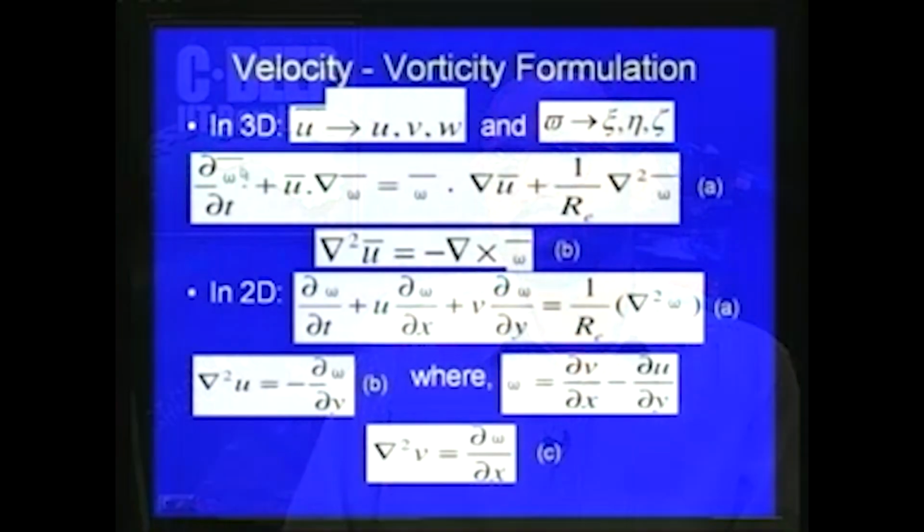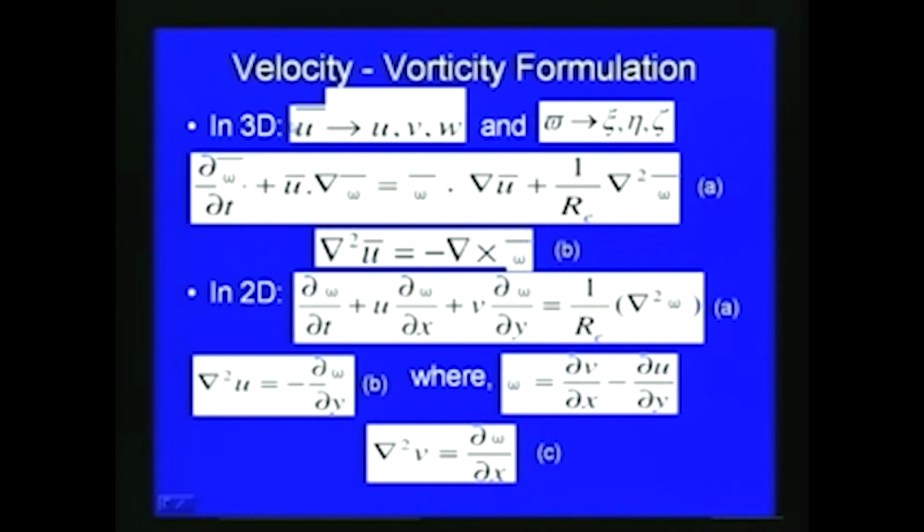If we consider the three dimensional formulation, the velocity vectors are u, v and w, and the vorticity vectors are psi, eta and epsi as written here. I am not going into the derivations of these equations. You can see the derivations in various fundamental books where the Navier-Stokes equations are derived, and in research papers. Finally, the equations are generally expressed like this.